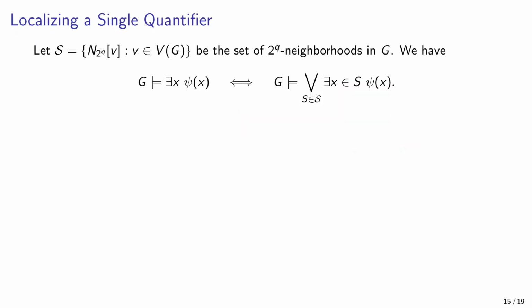Let's say the formula we want to model check has the form there exists some x which satisfies the property psi. And this first quantifier, we want to guard it by a local set.